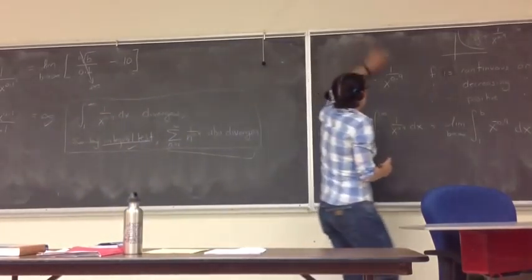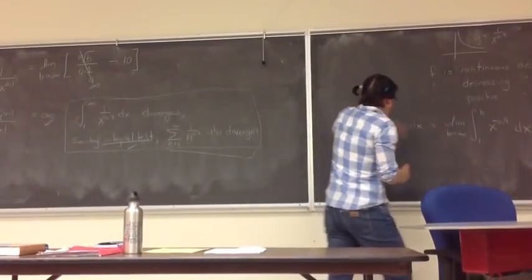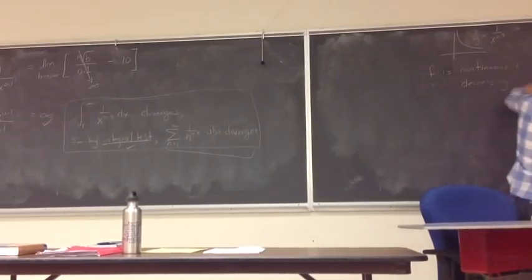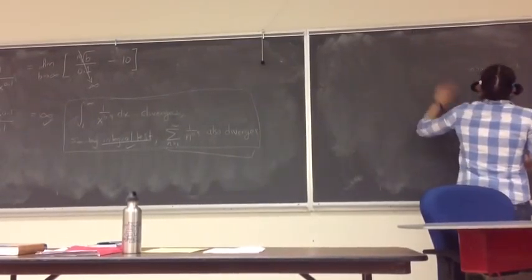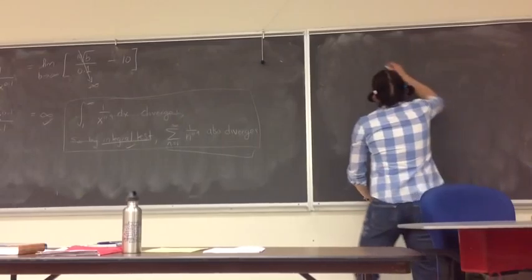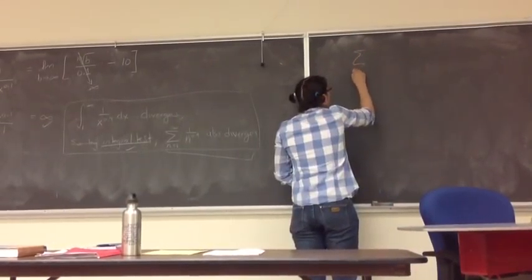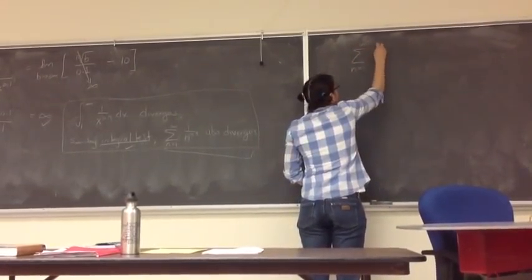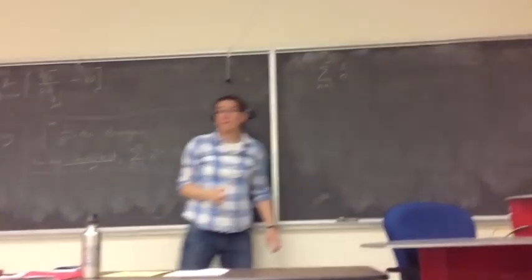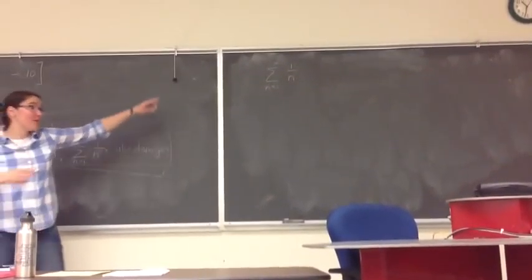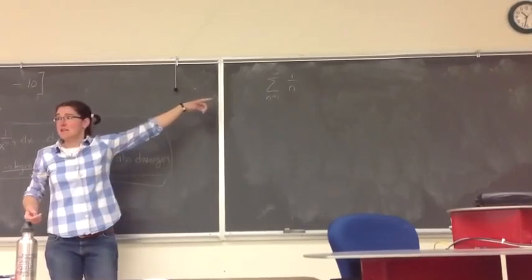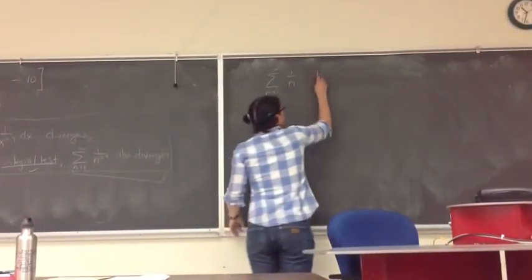And so last class, we looked at our very first example using the integral test. Well, actually, our second example. We looked at the sum where n goes from 1 up to infinity of 1 over n. And this was a very, very special series. It has a name. It's called the harmonic series.